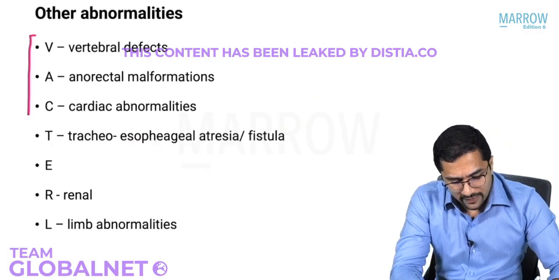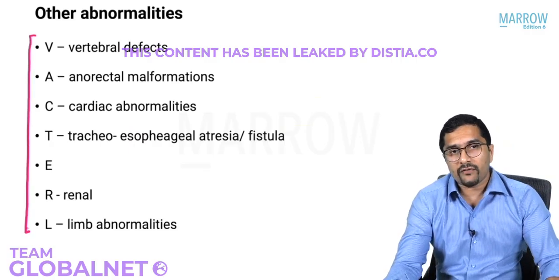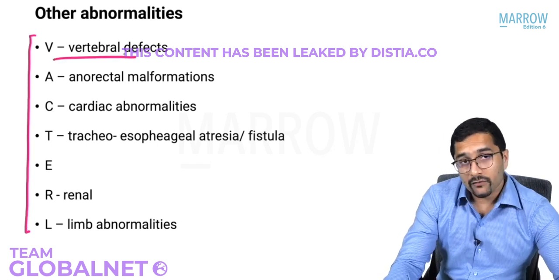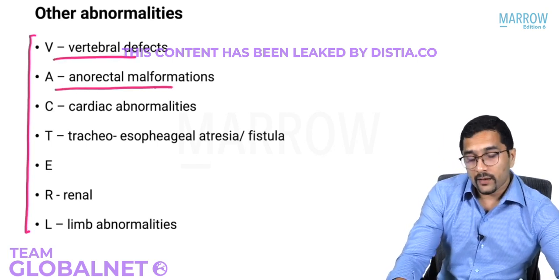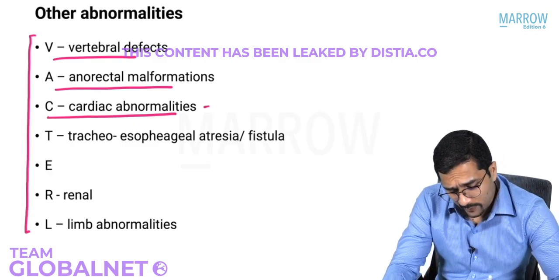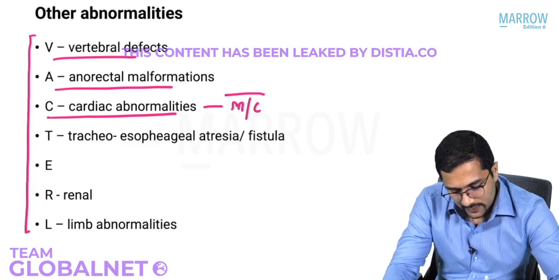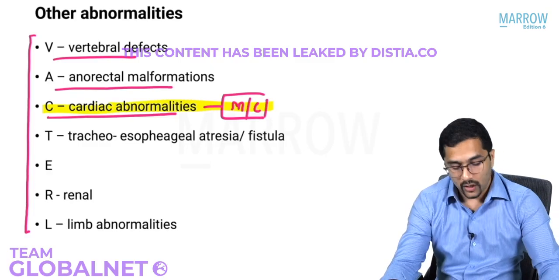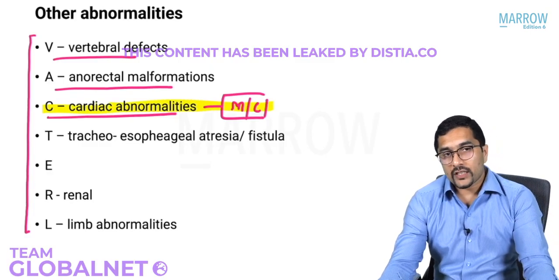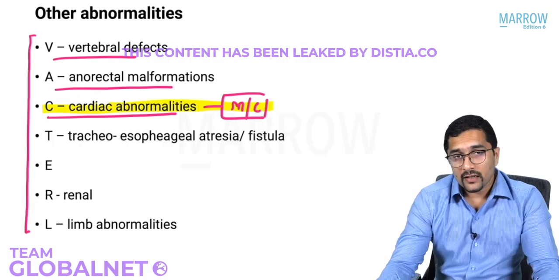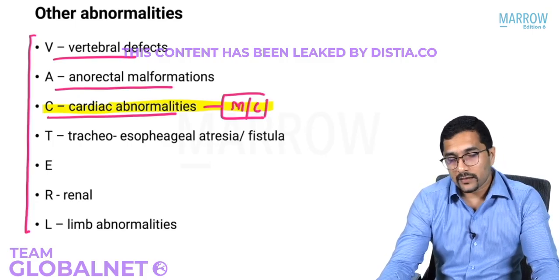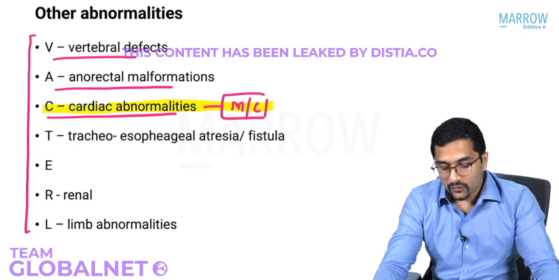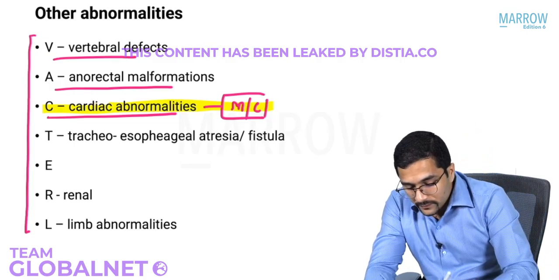V is for vertebral defects, A is for anorectal malformations, C is for cardiac abnormalities. Cardiac abnormalities are the most common congenital abnormalities seen in children. TE is for tracheoesophageal abnormalities, R is for renal, and L is for limb abnormalities. So we should actively search for these abnormalities.